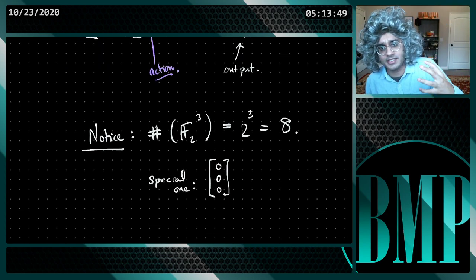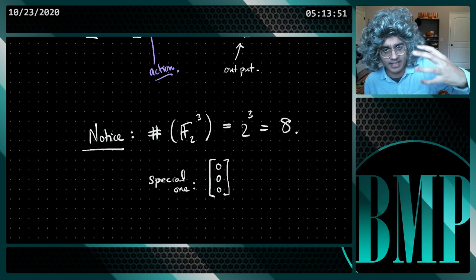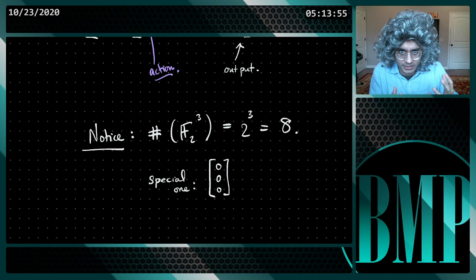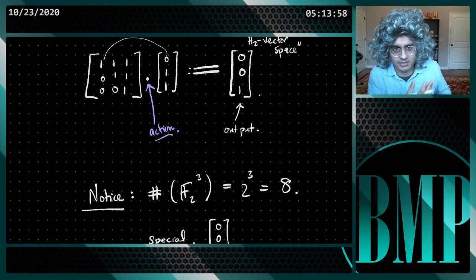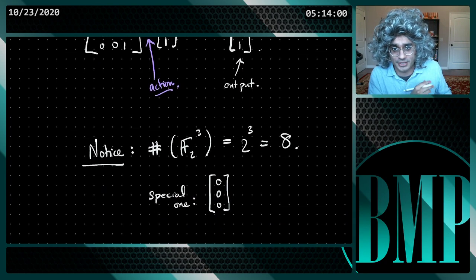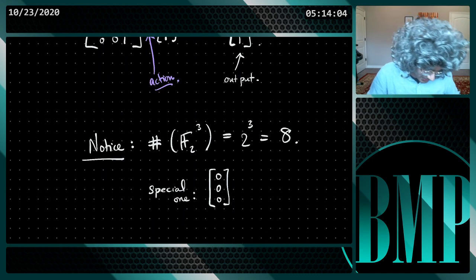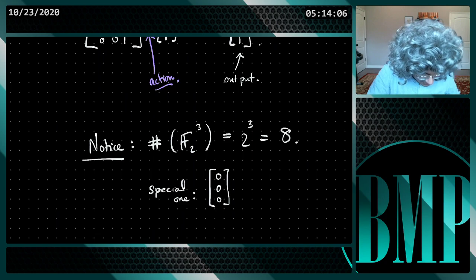When you hit the 0 vector with any matrix, you'll get back the 0 vector, quite clearly. You're always going to get 0, 0, 0 when you do this matrix multiplication action.